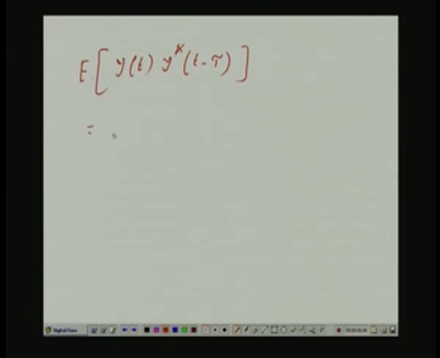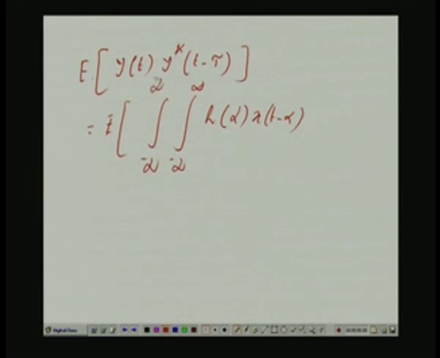y of t will be one convolution integral, and so will y star of t minus tau. So, there will be a double integral. I am writing the double integral directly. y of t will be, say, the integral of h of alpha x of t minus alpha with respect to alpha, and y star of t minus tau will be h star of beta x star of t minus tau minus beta.